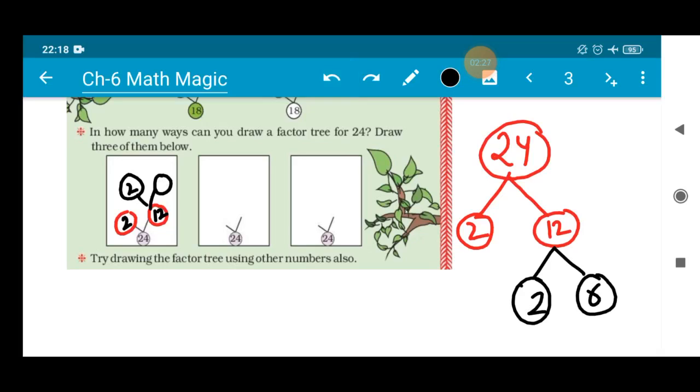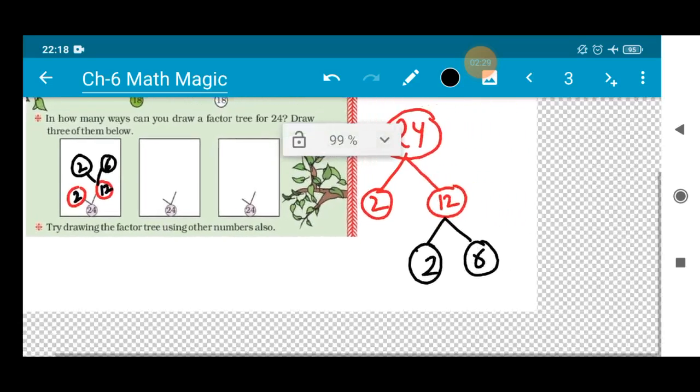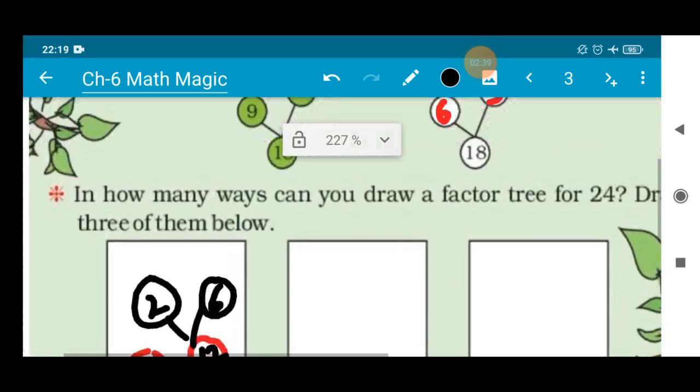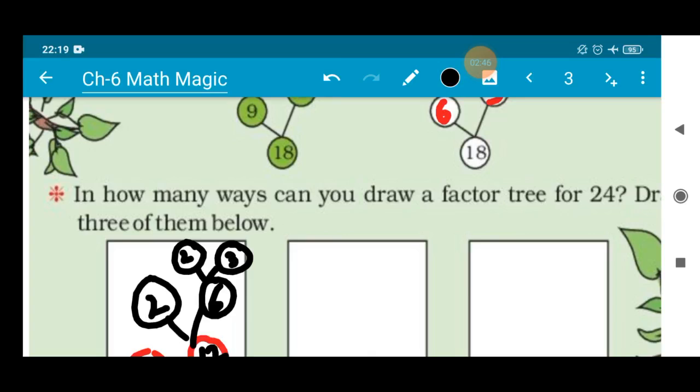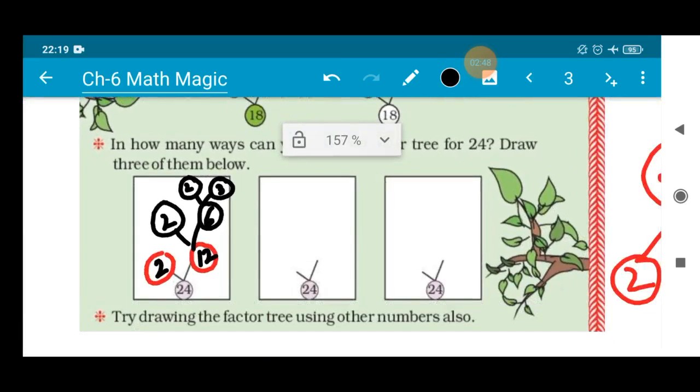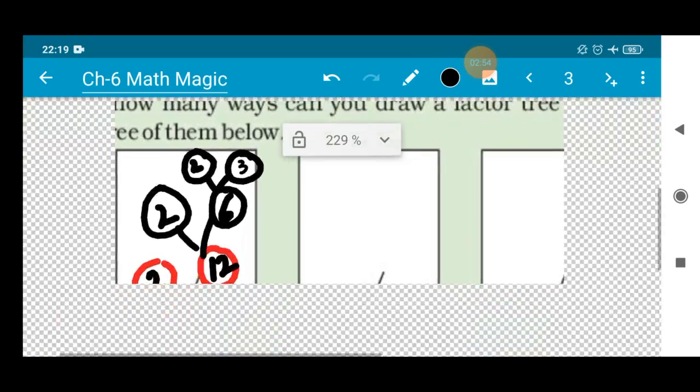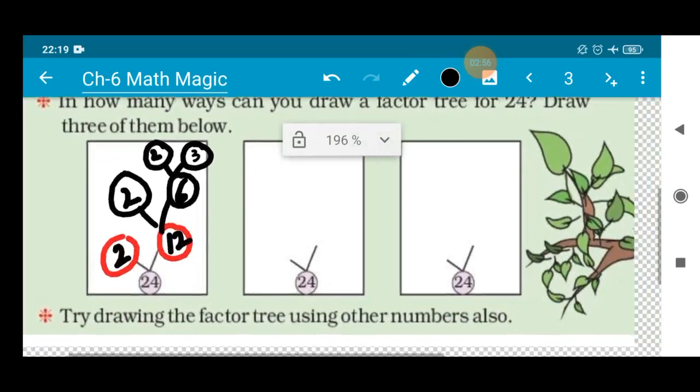Now once more, this 6 can be divided in the form of 2 into 3. Until you get prime numbers, you have to go for further division. So 6 I can divide like this, 2 into 3. 2 threes are 6. This is the manner we have to do it. So this is the first way.